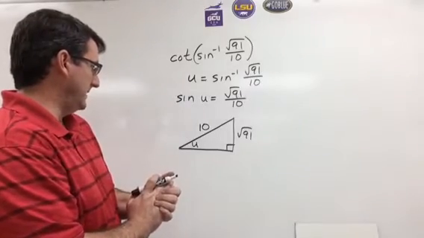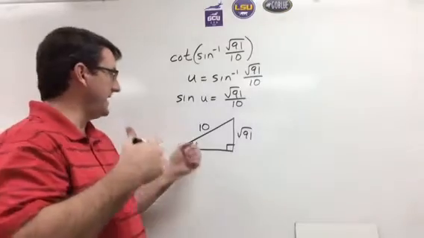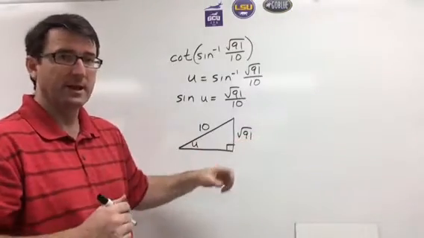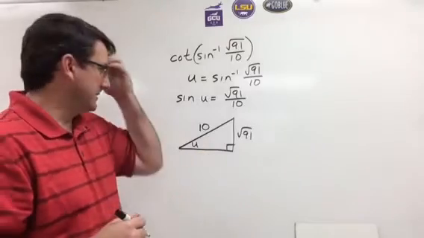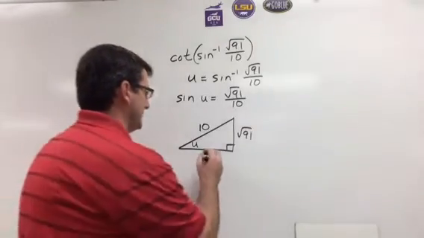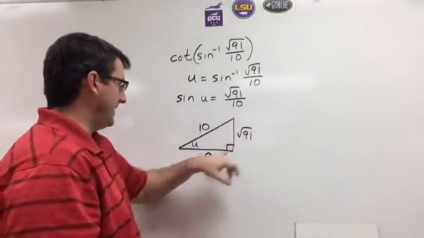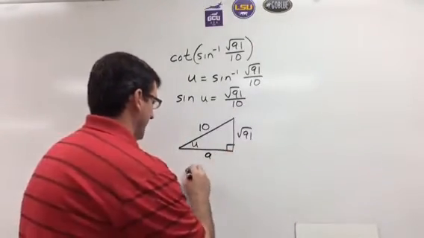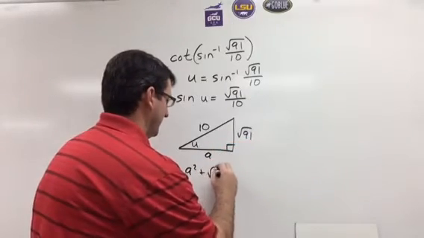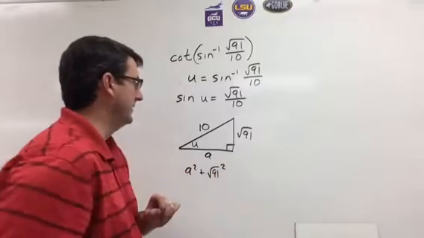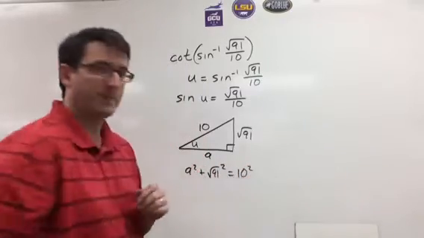So, cotangent is the adjacent side over the opposite side. We're going to need to find the adjacent side before we can find the cotangent. Let's call this adjacent side a. Using the Pythagorean theorem, we know that a squared plus b squared, so the square root of 91 squared, is equal to the hypotenuse squared, so 10 squared.